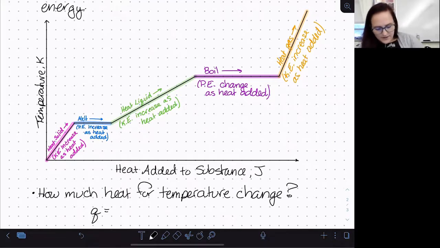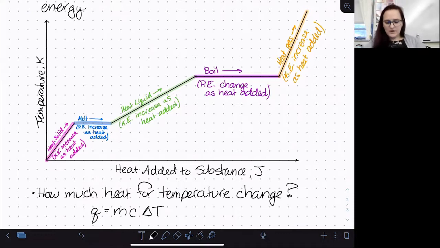We have our equation Q equals mc delta T. So when our temperature is changing, we can use this to calculate how much heat was involved in the process. But during the melting and boiling portions of the graph, we can see that we're adding heat, but we're not changing the temperature. Delta T is 0.